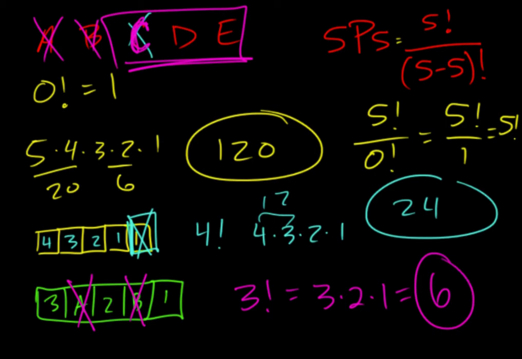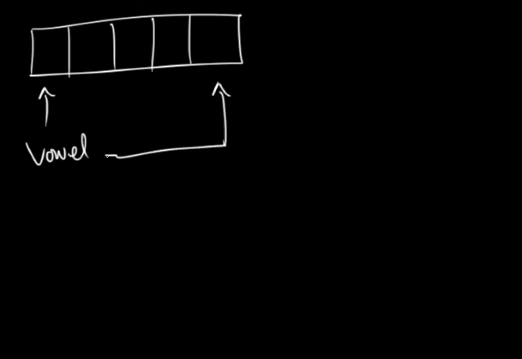Okay, how many permutations begin and end with a vowel? Okay, so if we look at block positions, this needs to be a vowel. This needs to be a vowel as well. And so there's 2 vowels that could fill that position, but then eventually only 1 vowel.